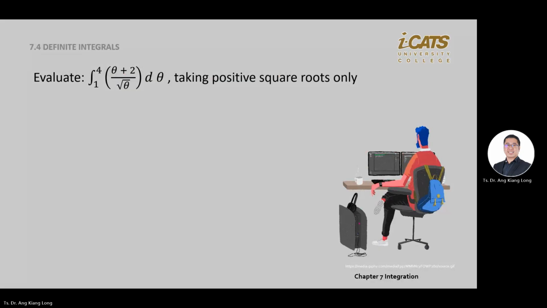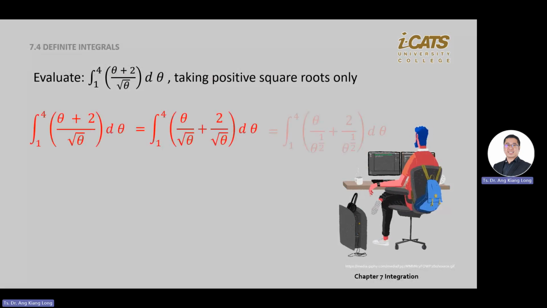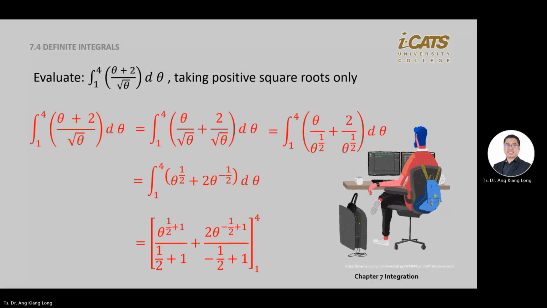Okay. You've seen this one previously, but now with the limit, lower and upper. And this one asks you to take positive square root only. So you see what is the difference? You do the same, split into two functions.